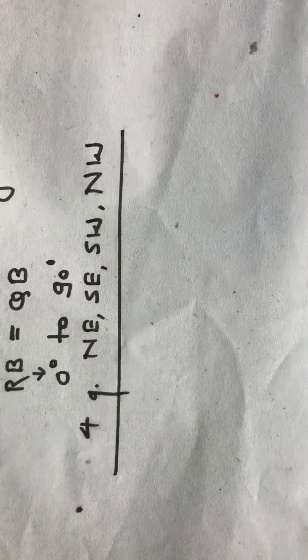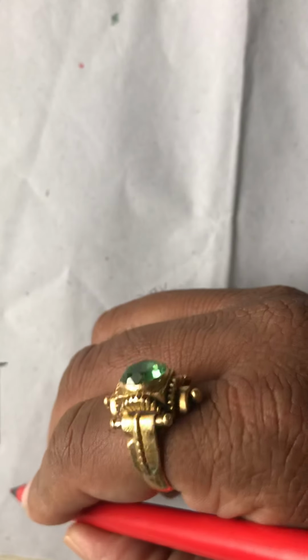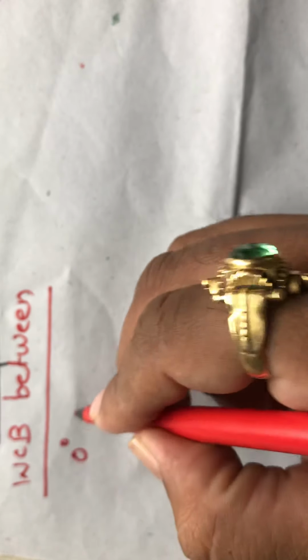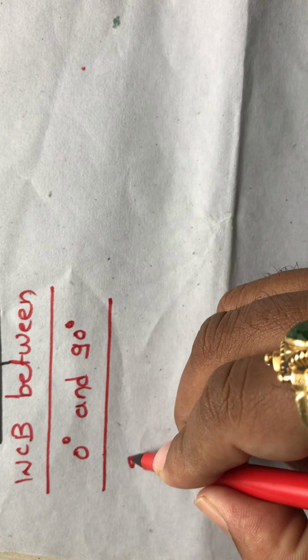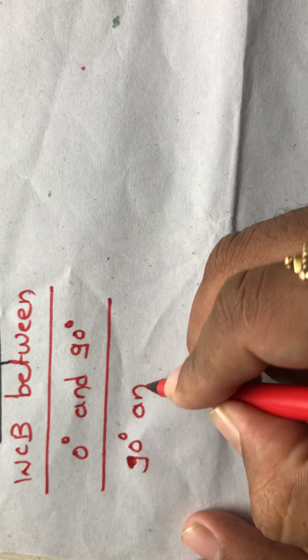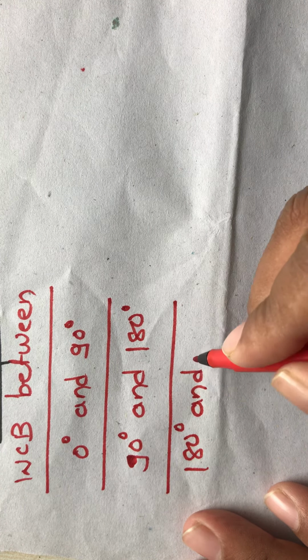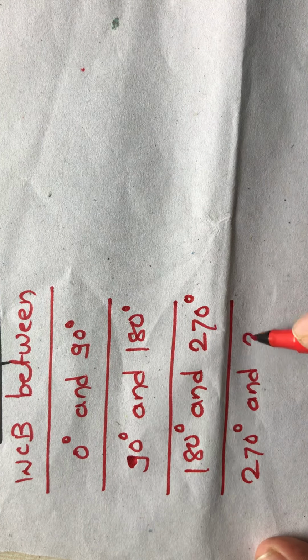See, the whole circle bearing can be between 0 and 90 degree, next 90 degree to 180 degree, next 180 and 270, and the last one is 270 degree and 360 degree.